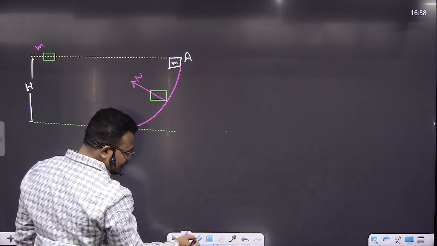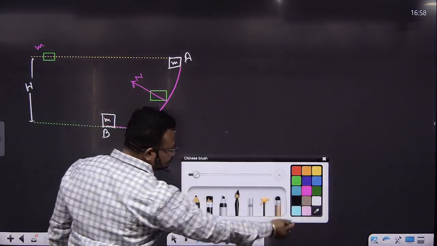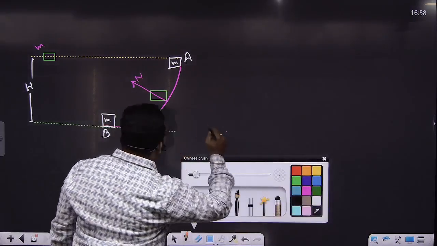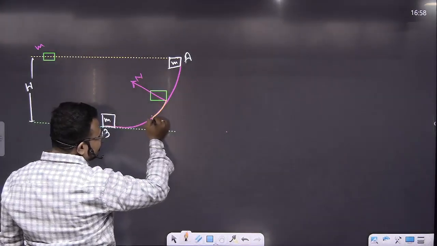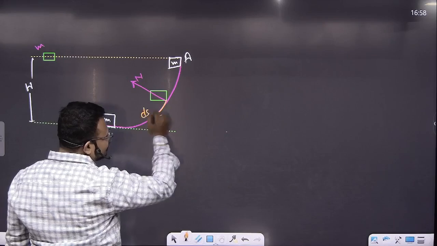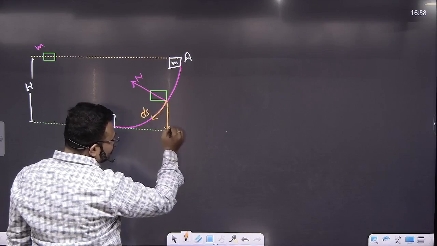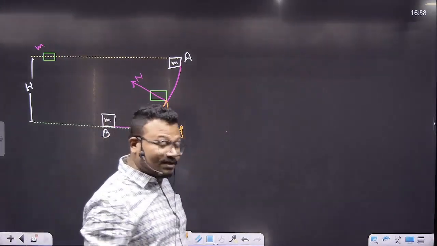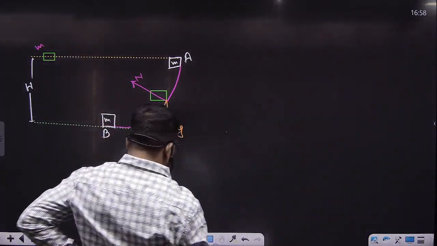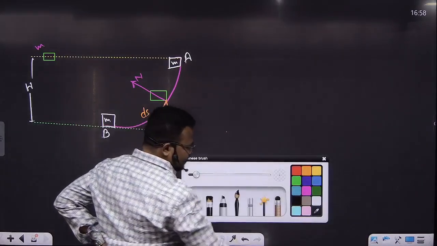I am using different colors so that it is clearer for you. Displacement ds is in this direction. mg is acting down. Now if I ask what is the work done?